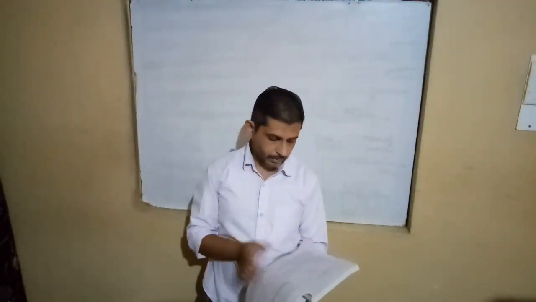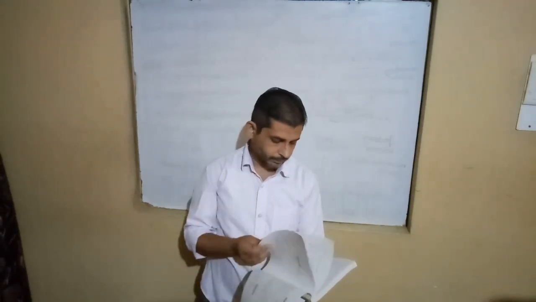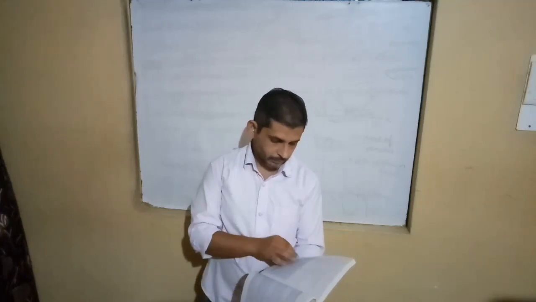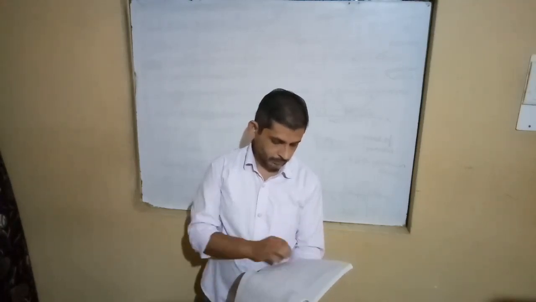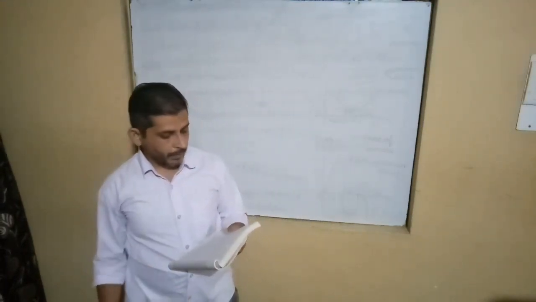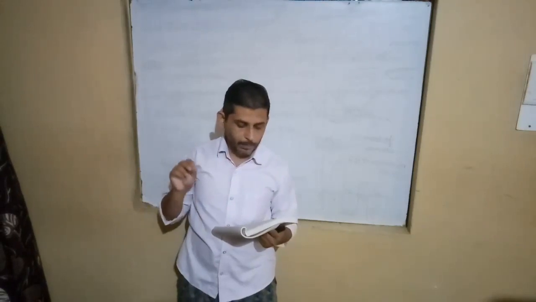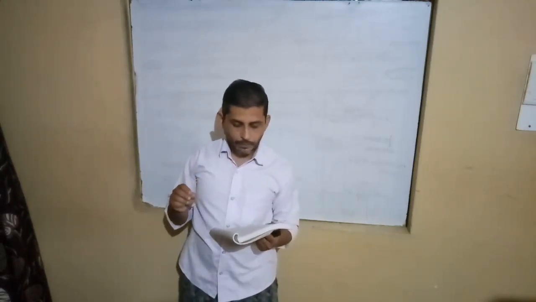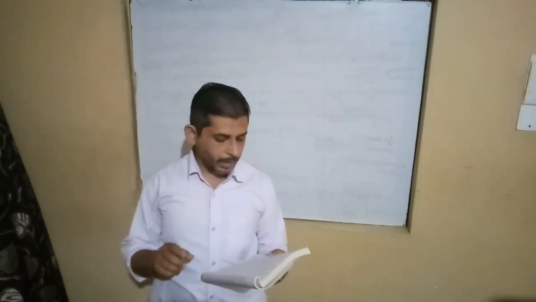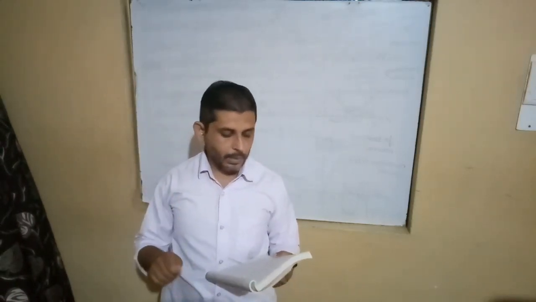Now the next question, question number third. In the third question, look at your book. Find the local maxima and local minima, if any, for the following function. Also find the local maximum and local minimum values.